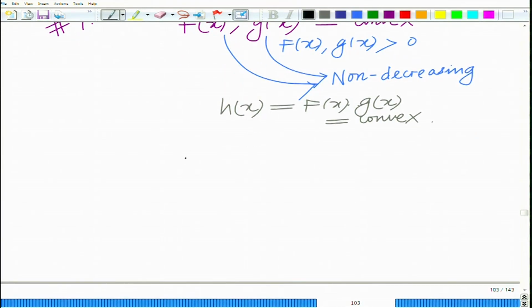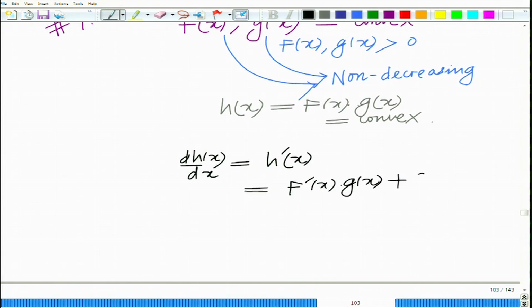So, we consider first the first order derivative of h of x, which we denote by h prime of x, using the product rule, that is f prime of x g of x plus g prime of x into f of x.